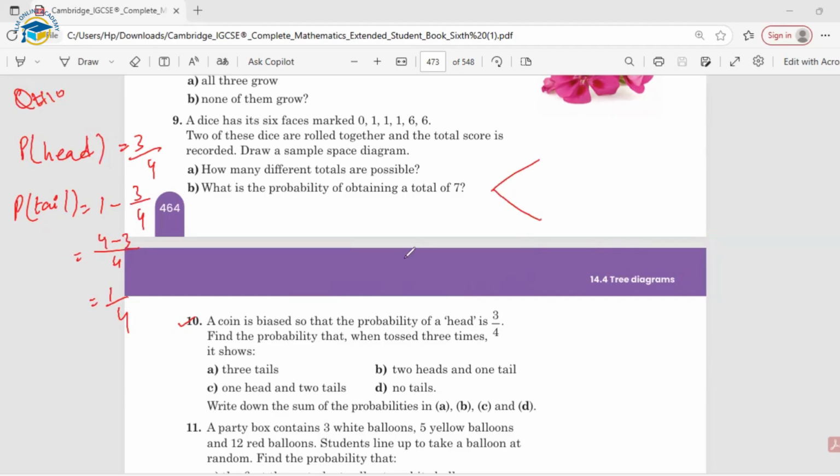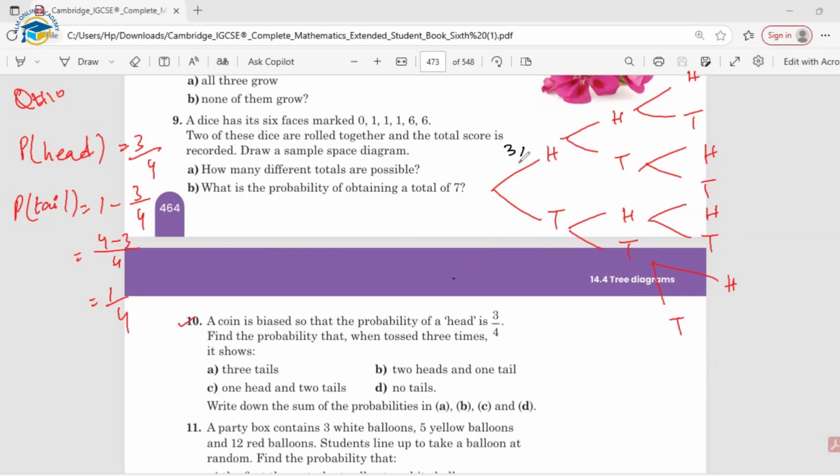Going on with 3 draws, because they are saying 3 times the coin is being tossed. So head, tail, head, tail, head and tail. Again, head, tail, head, tail. I'm just going to draw it a bit wider. Head, tail. Accordingly, we'll just pick up some possibilities.